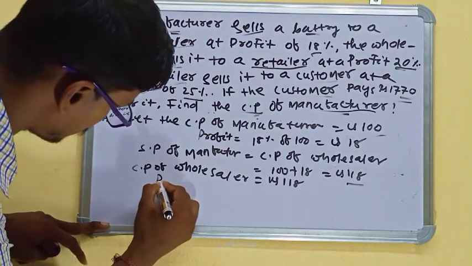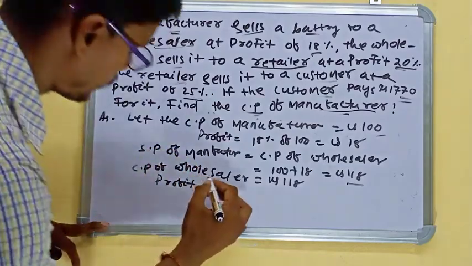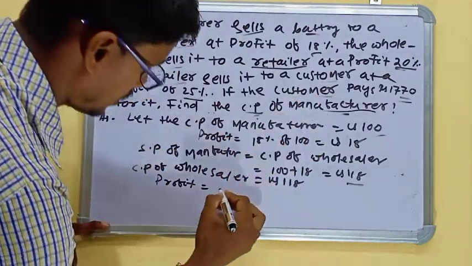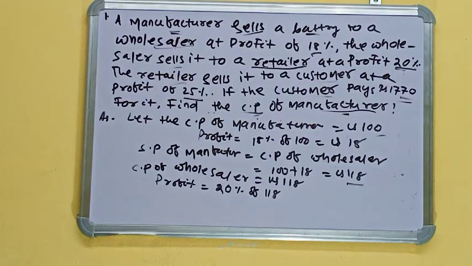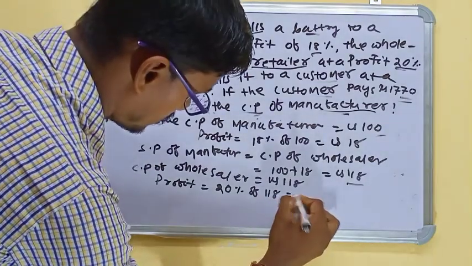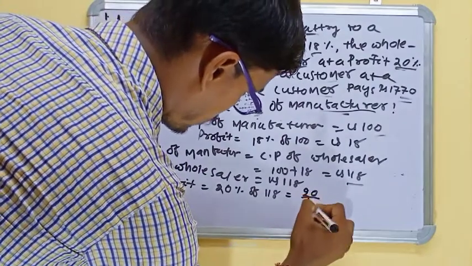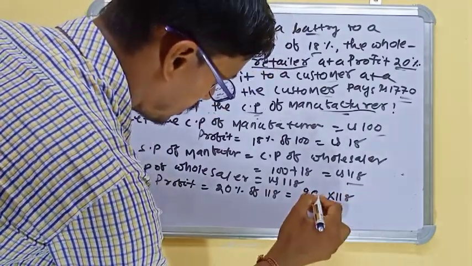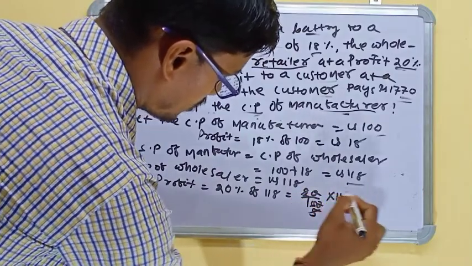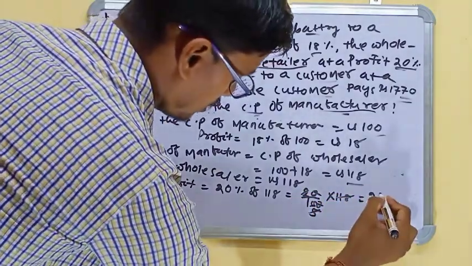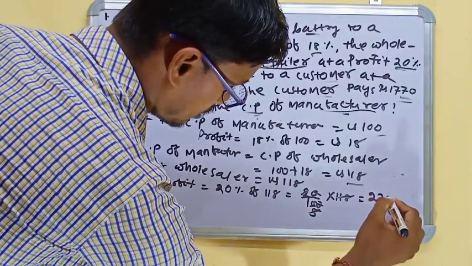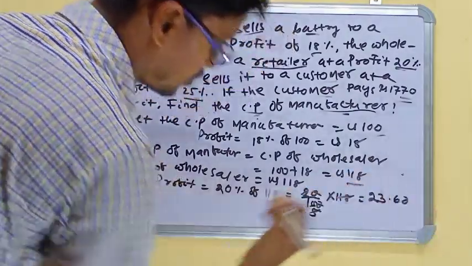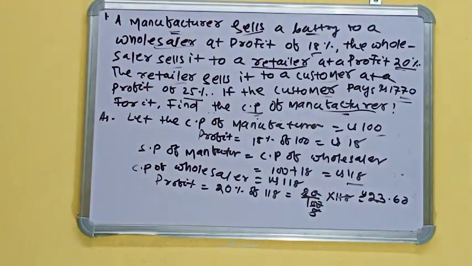Then the profit amount is equal to 20% of 118, which is rupees 23 and 60 paisa. So the profit amount is rupees 23.60.